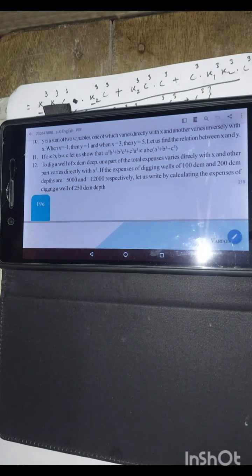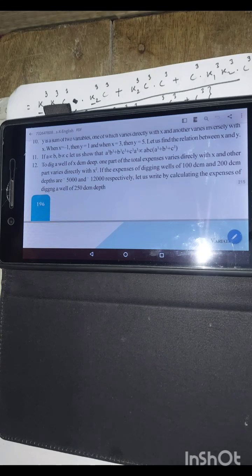Let us now proceed to question number 12. Question number 12 says, to dig a well of x decimeter deep, one part of the total expenses varies directly with x. Okay, so we have to dig a well which is x decimeter deep, and one part of the total expenses varies directly with x and the other part varies directly with x square.